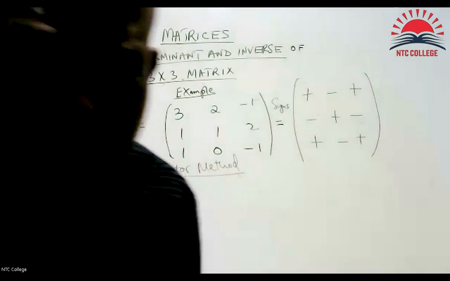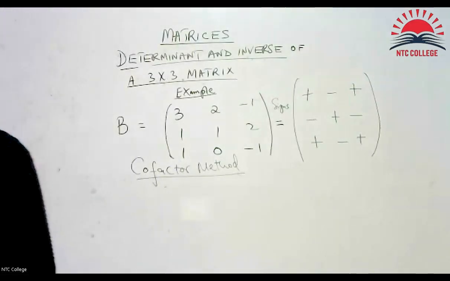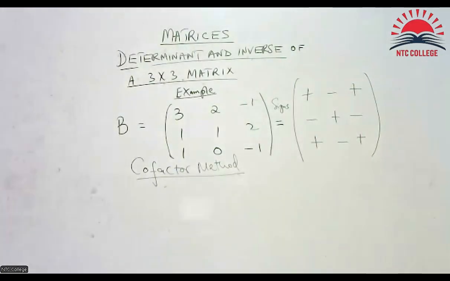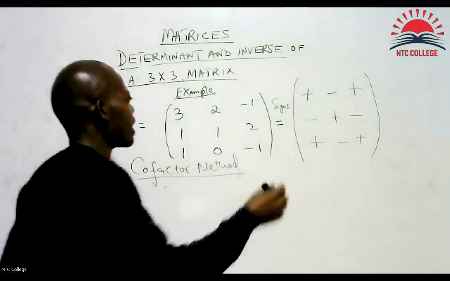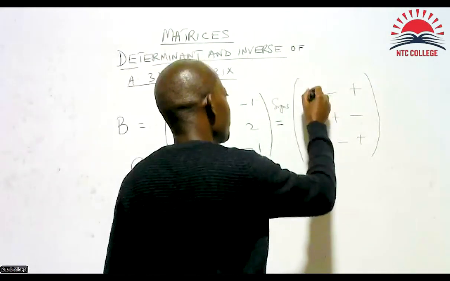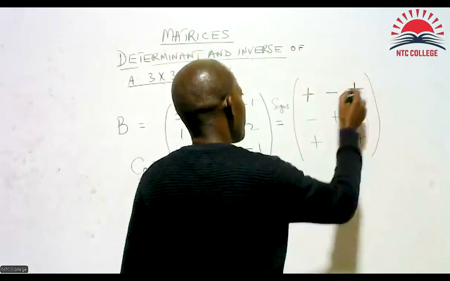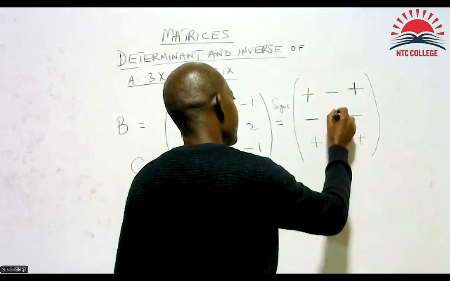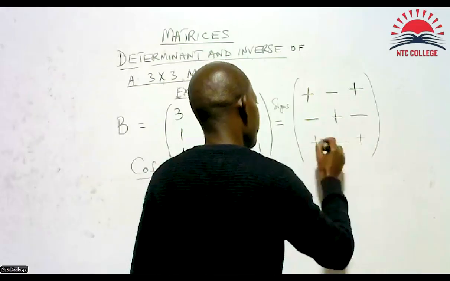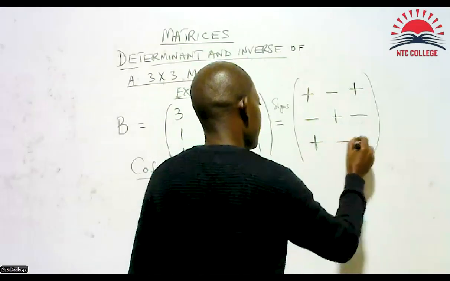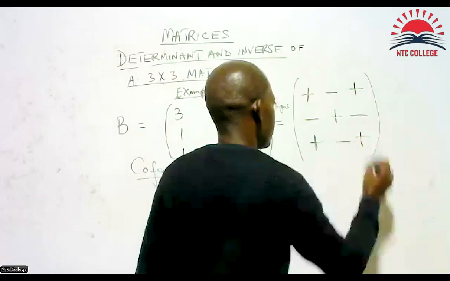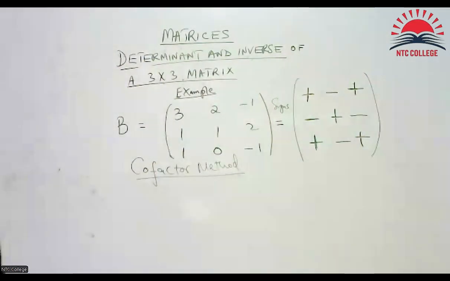We will be using that, therefore we must write it. I repeat. Of course, the first method is the cofactor, but these signs will be useful: plus, negative, plus, negative, plus, negative, plus. We will be explaining why we are doing this. But we must write it, then we will be able to follow.